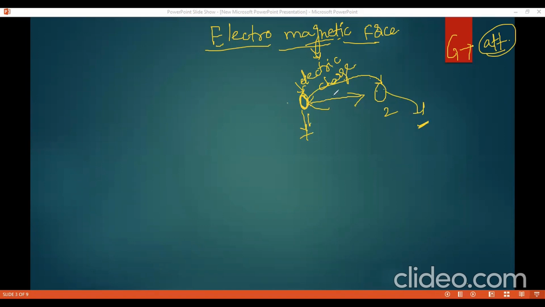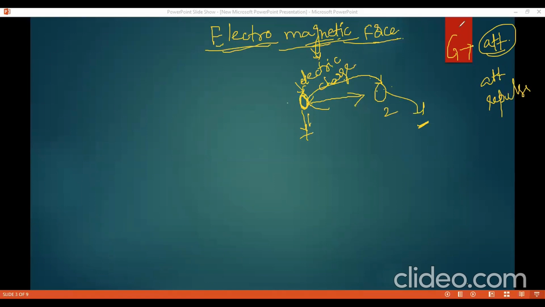Due to the charge present in the particles, this electromagnetic force exists at that place. This is electromagnetic force. As I told already, it is a magnet, and magnet means we have either attraction or repulsion, right? So there are two kinds of forces in electromagnetic force.